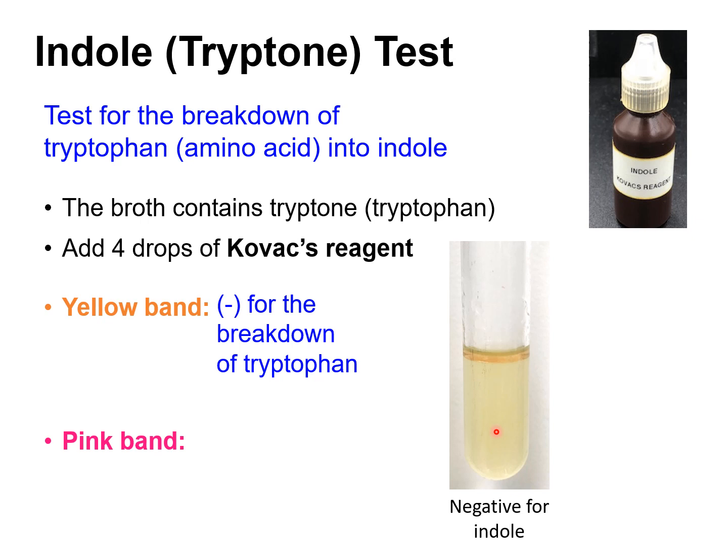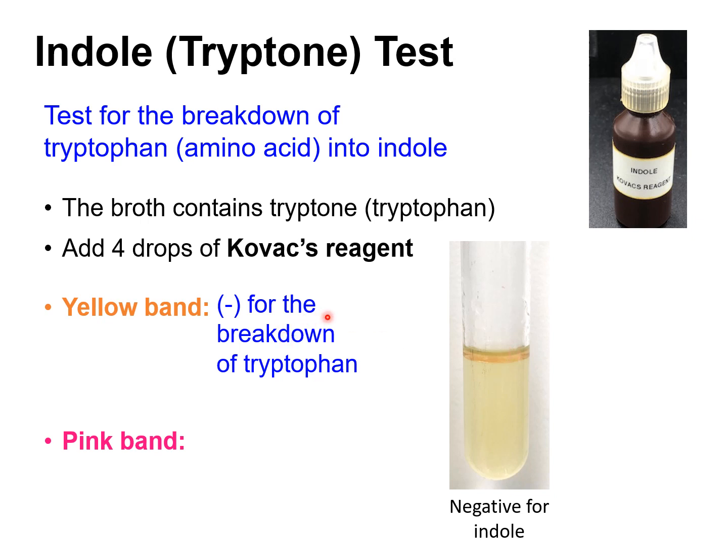You take it out of the incubator, put 4 drops of the Kovac, and notice how you get this yellow band up at the top. The results are usually going to be up at the top, so this is where you want to be looking.